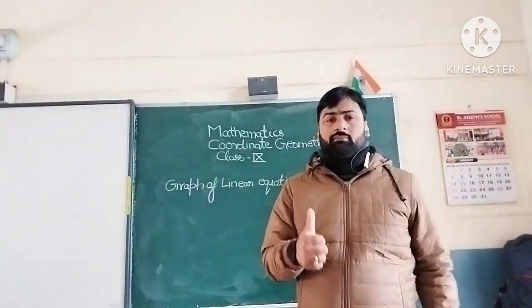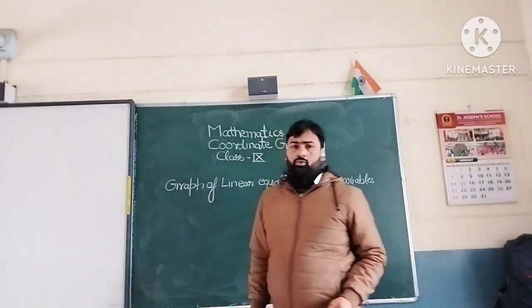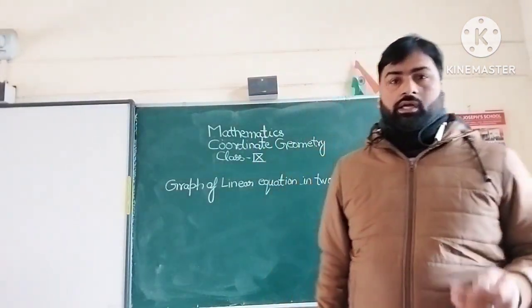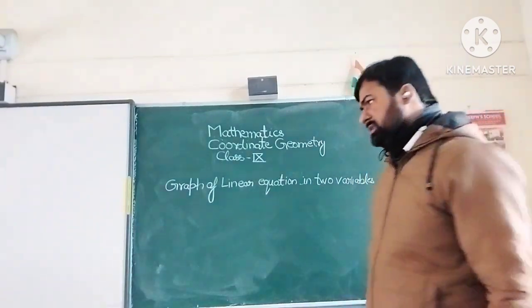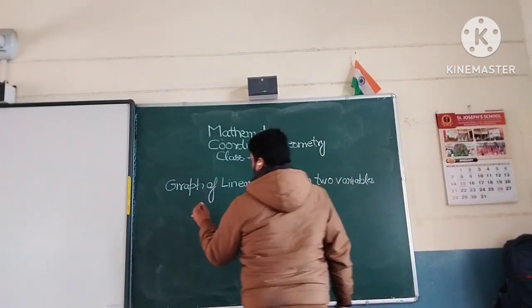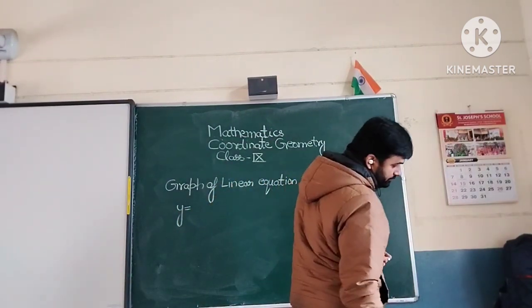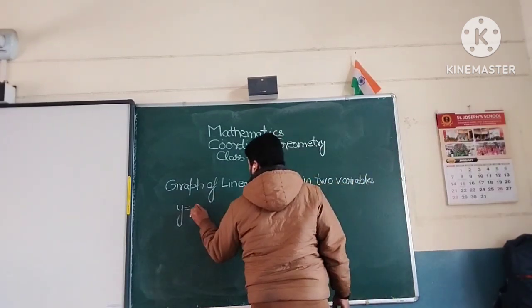Now what? So many thumb rules are there. Let's see. I'm not writing the rules because the rules you need not learn. Rather, application of the rules is more important. Okay, I'm taking one question here, which is y is equal to minus 2x plus 1.